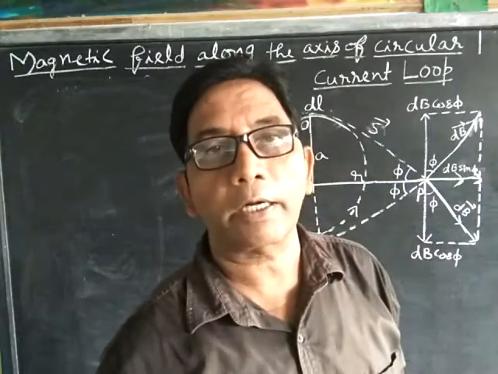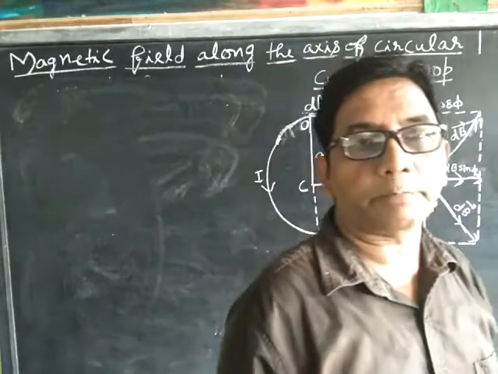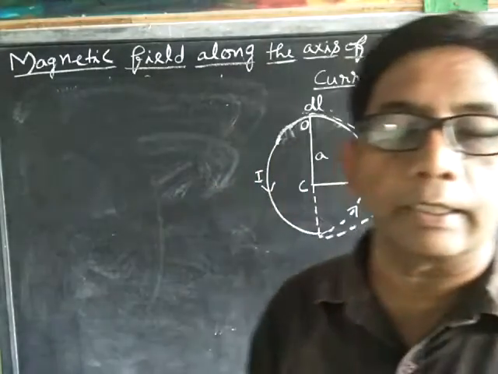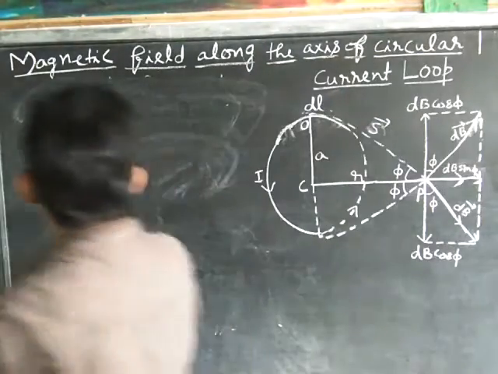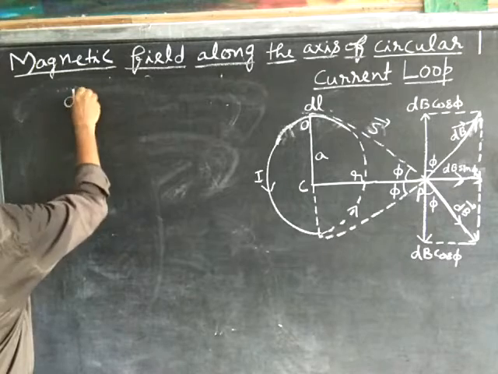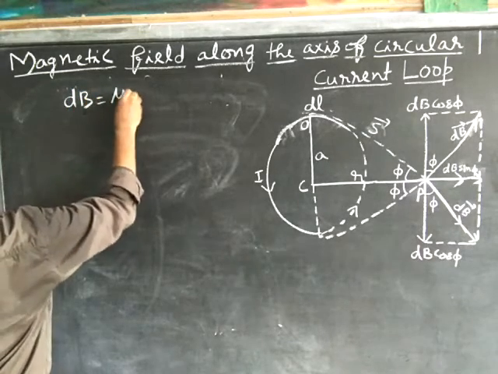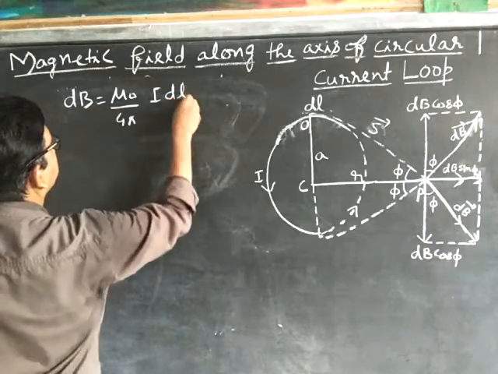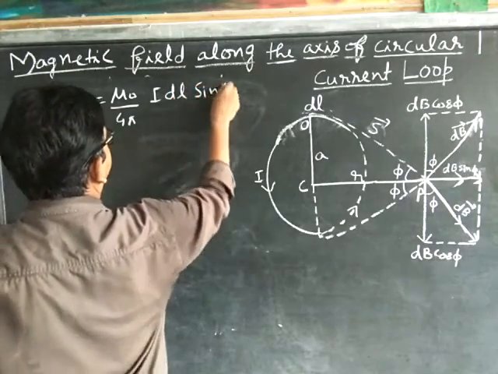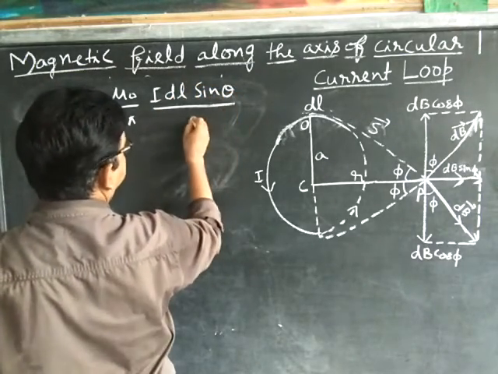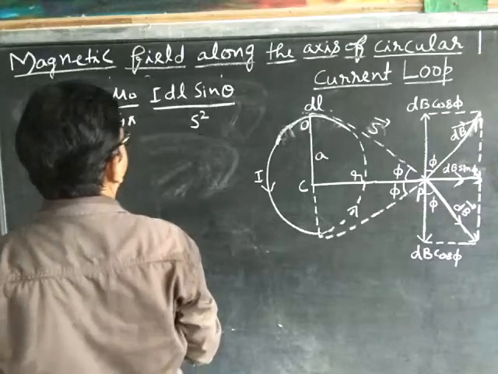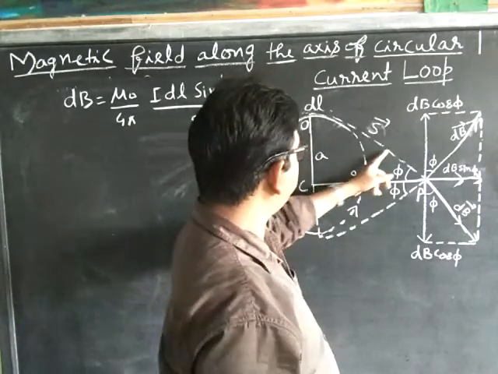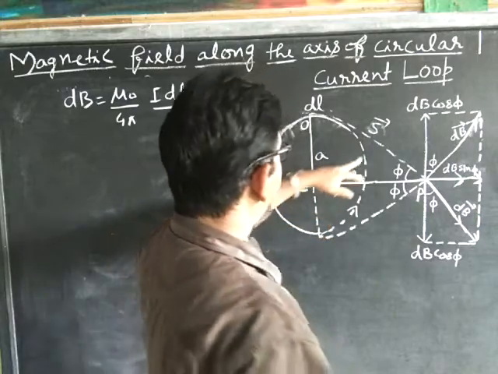Then by the Biot-Savart law, the magnitude of the magnetic field at point P due to current element dl is given by dB equal to mu 0 upon 4 pi I dl sin theta upon S square. Here dl is perpendicular to S. Why?